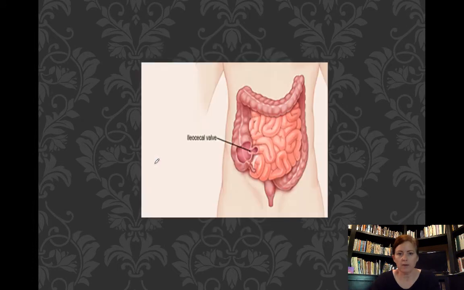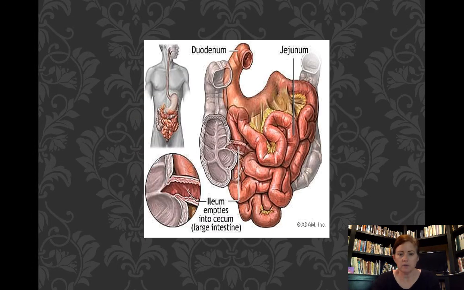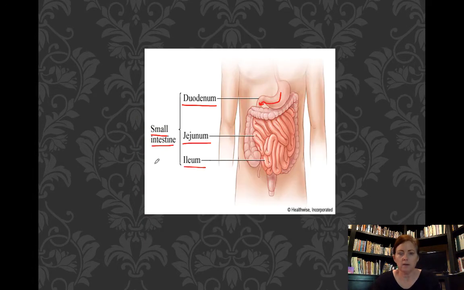We have some adaptations within the small intestines that help to increase nutrient reabsorption. So one of these is called plica circularis. I noted this in your handout.